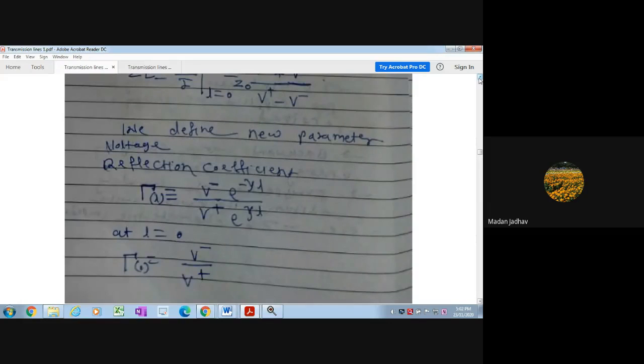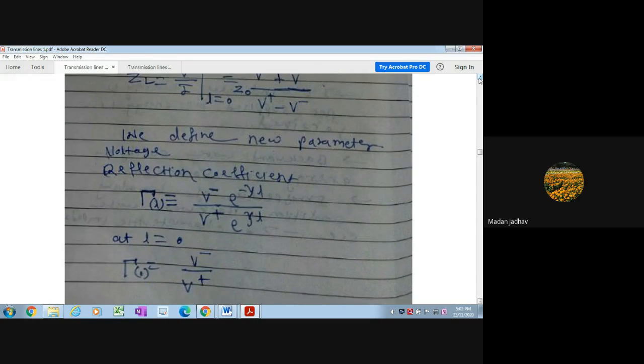We are applying the voltage at the input of the transmission line, and that wave is propagated along the transmission line, so that the load will absorb the power transmitted from the source. Power is transferred from the source to the generator, and power is absorbed by the load.